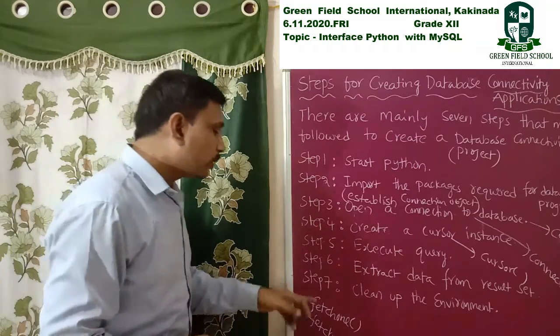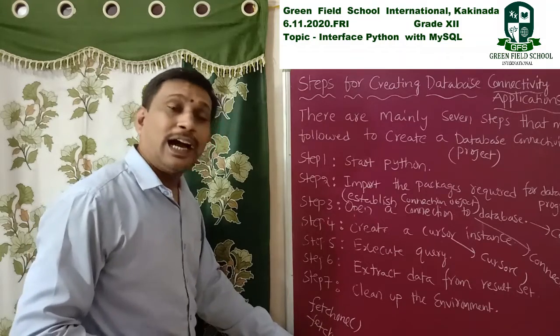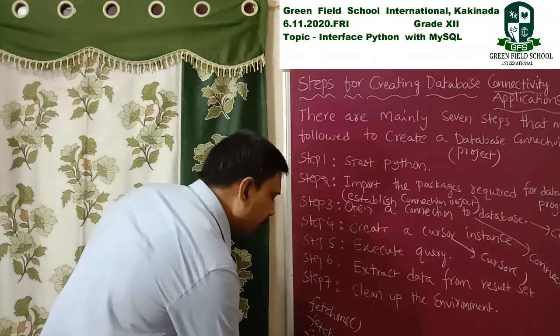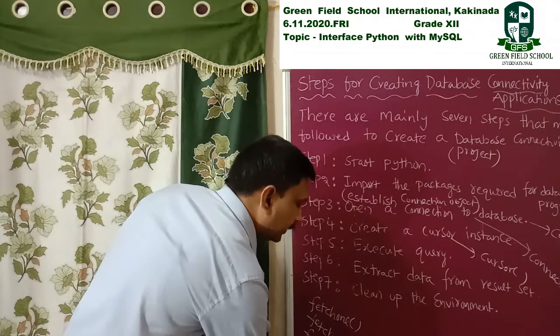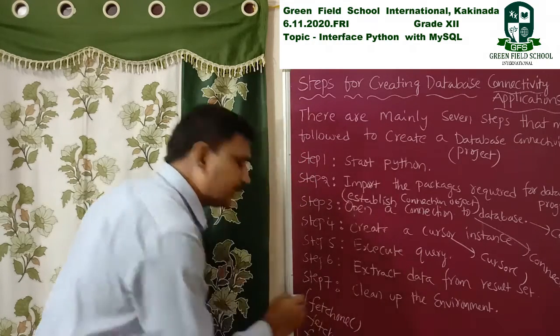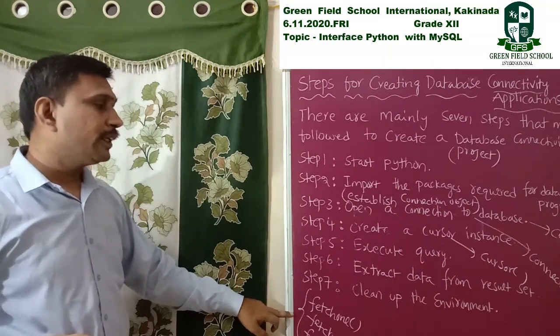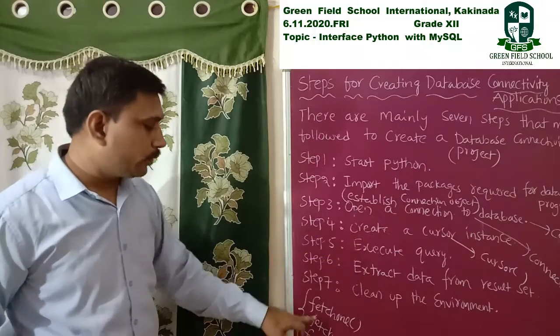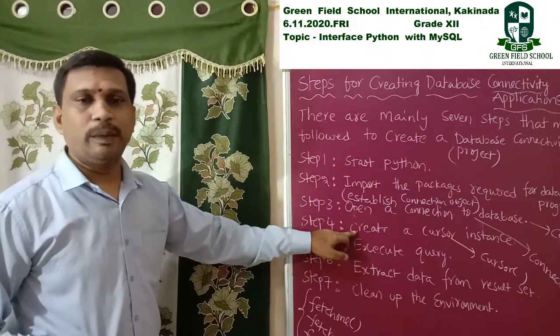Or a third one, fetchmany. These three methods are used with this cursor instance. Understood my point?